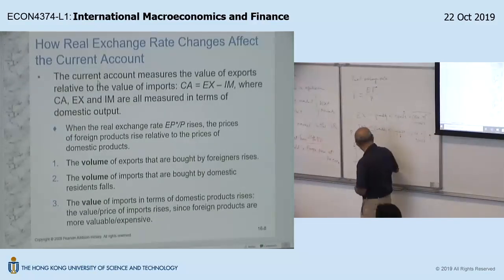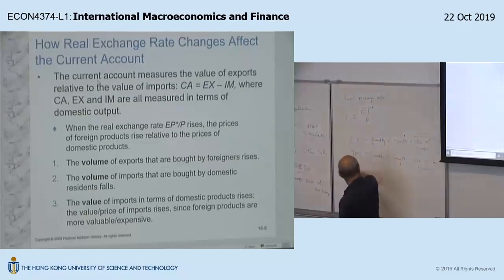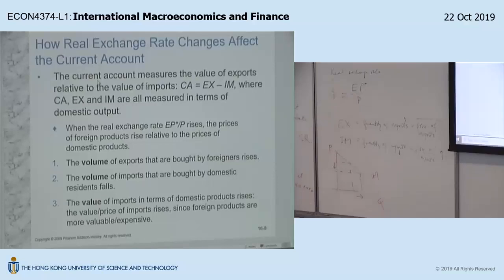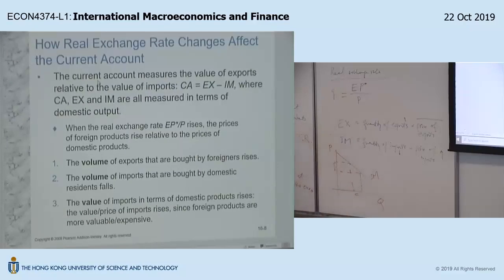If this is the import, then the quantity falls as the price rises. It's just the opposite. Whether or not this number increases or decreases is not clear. It depends on the elasticity.